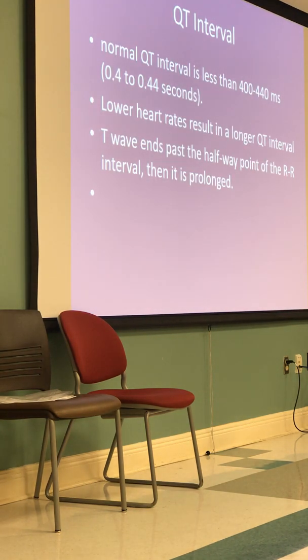QT interval is the time the heart goes through a whole depolarization to repolarization, and it should be between 0.4 and 0.44 seconds. You can also measure where the T wave ends at the halfway point through the R to R interval. If that is prolonged, you have a prolonged QT interval.